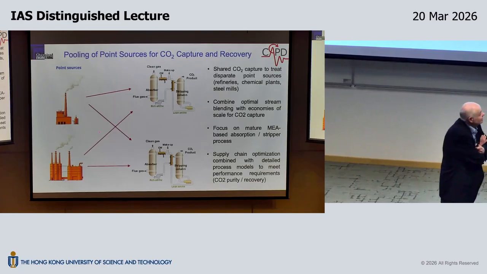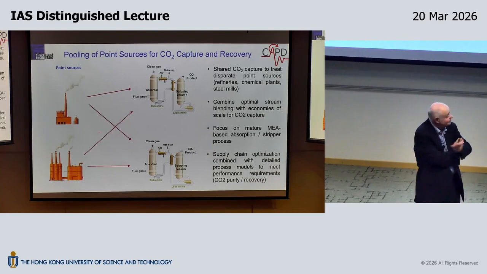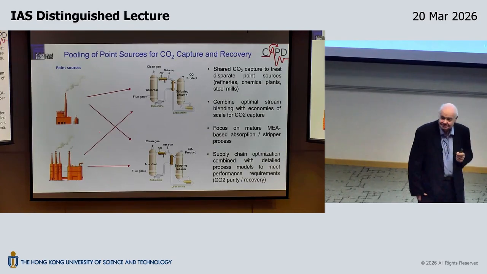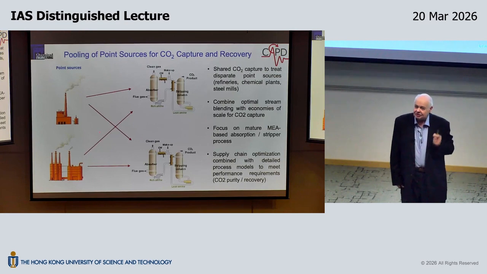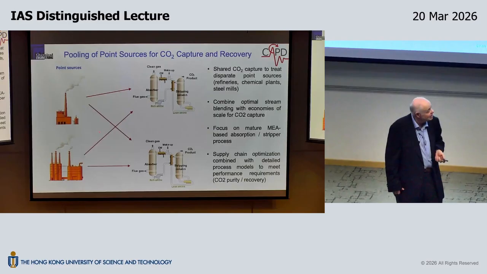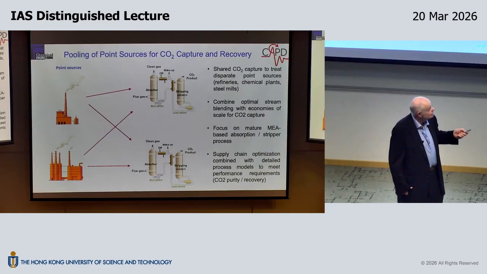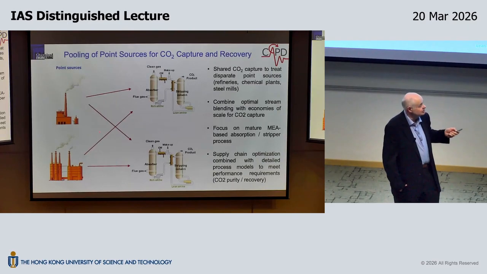Here's an example. This is one of those real-world problems that's going to be interesting to solve. We have some steel mills. We have a steel mill with point sources of high concentration CO2, and what we want to do is clean them up. So we have a standard technology here, which is carbon capture using an absorption-based process.